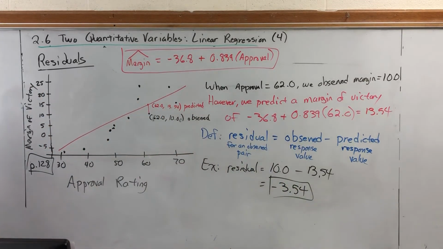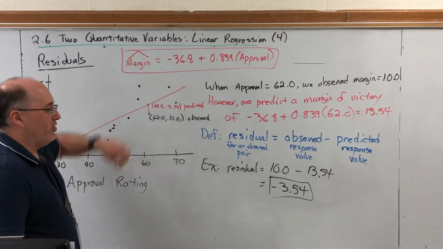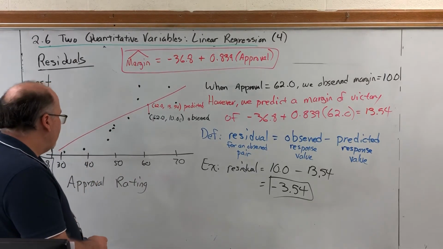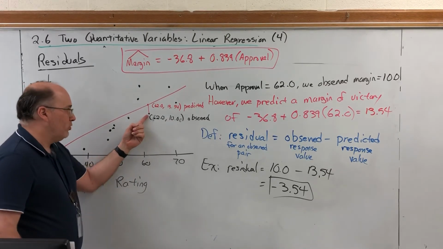What that means is that what we observed was 3.54 below what we predicted or what we would have expected based on this equation.